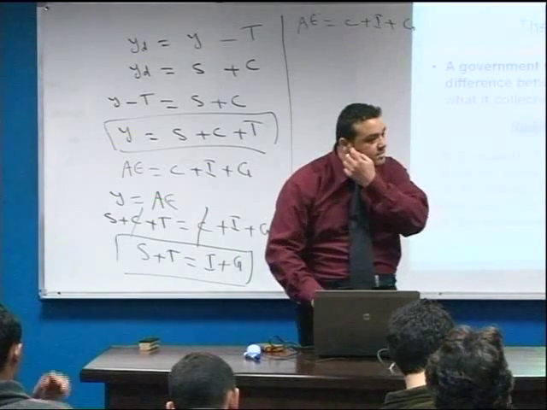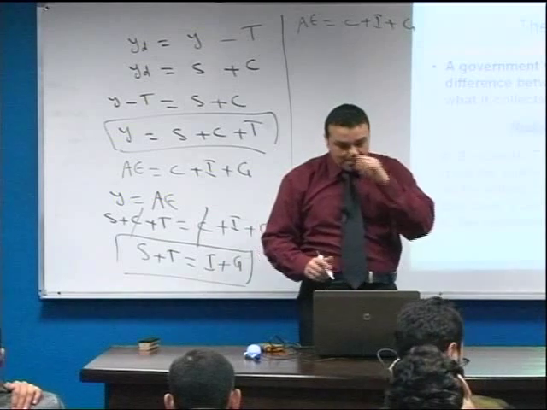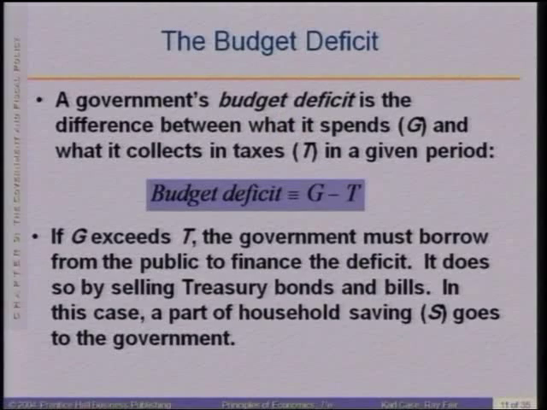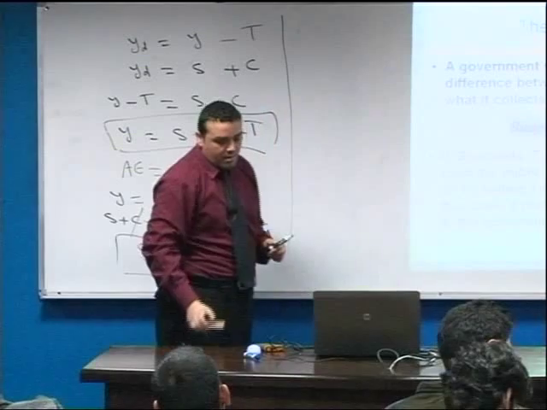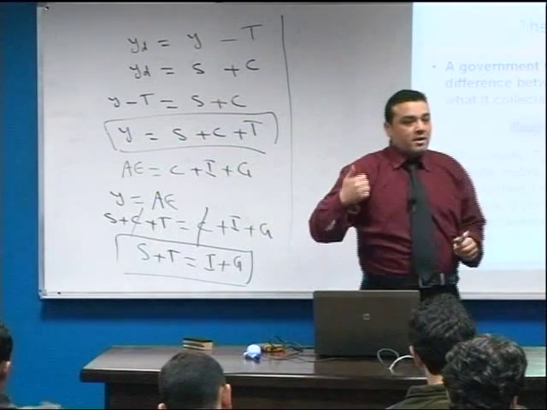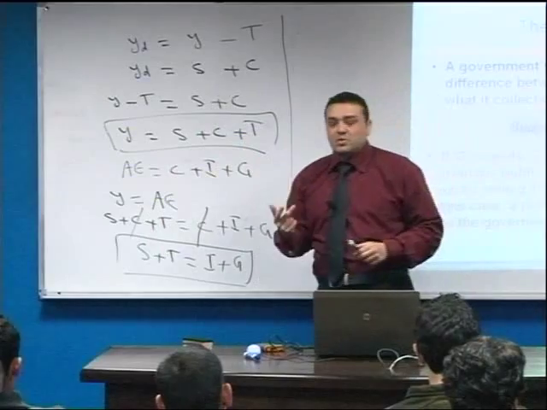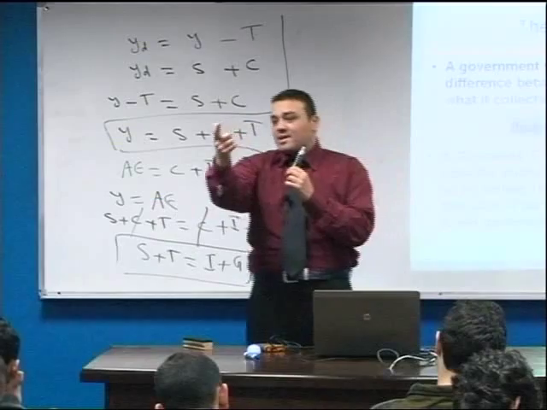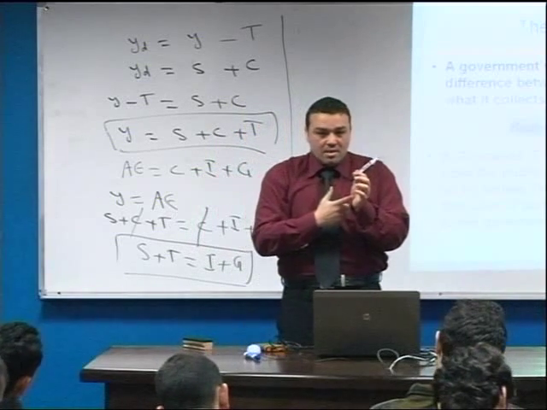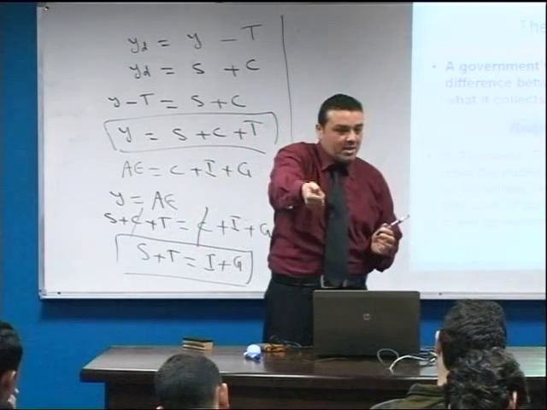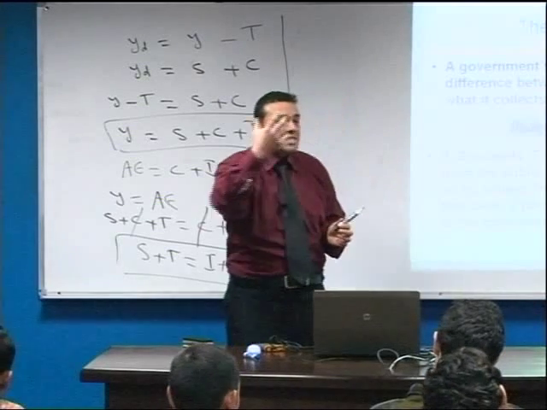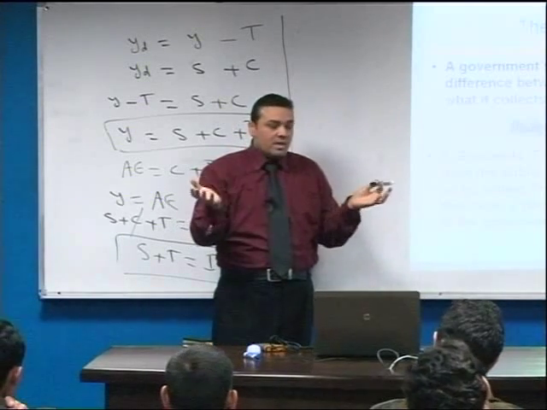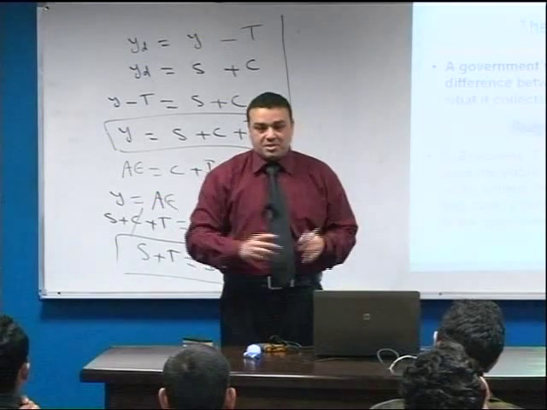Let's go to the budget deficit, or the government budget. As I mentioned, when the government uses fiscal policy, it uses government spending and it collects taxes. The difference between the spending of the government and the taxes collected is the deficit or surplus of the budget, right?